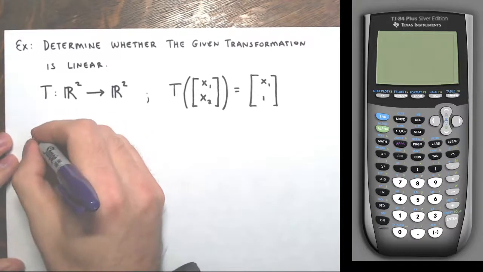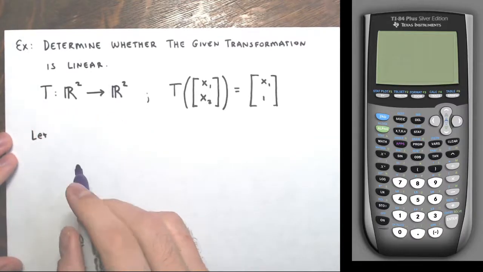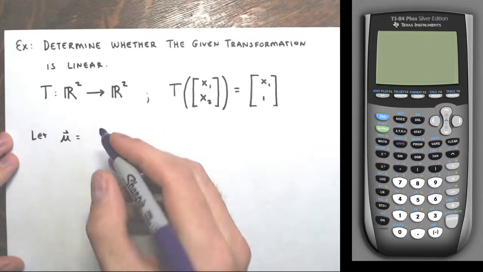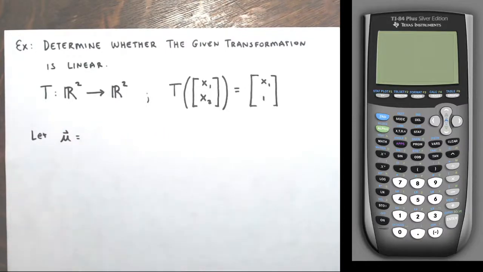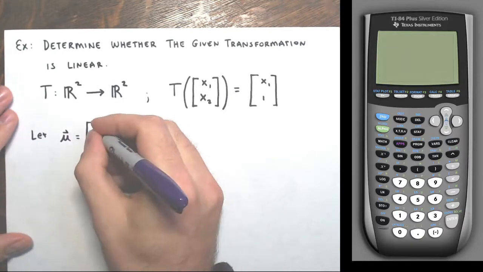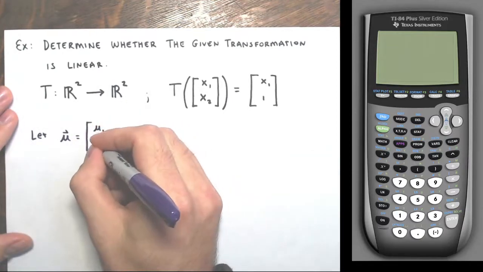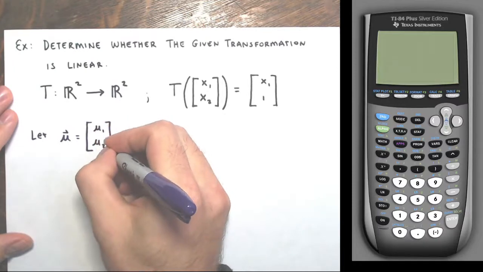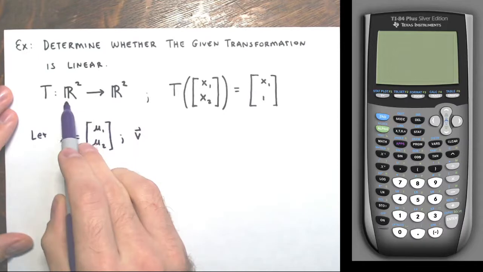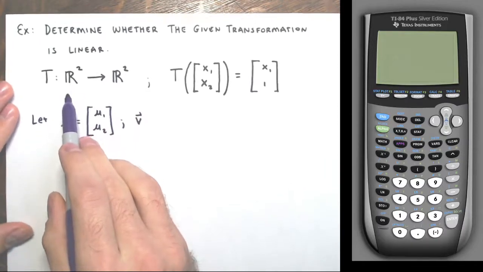So I'm going to let u be some general vector from R2, which may have components u1 and u2. And another vector v be another general vector, again just using letters here.